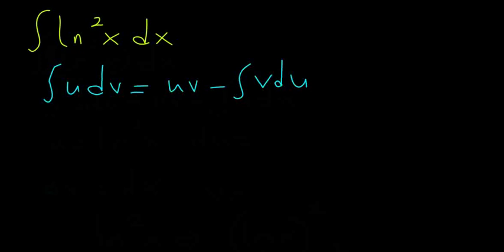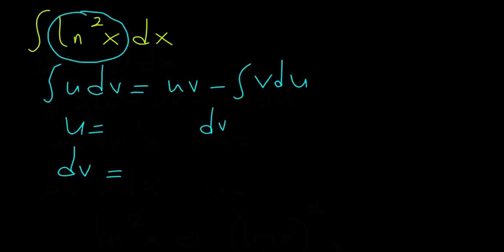This means that we need to identify u, we need to identify dv, and after we have identified that, we need to find the value of du, and we also need to get the value of v.